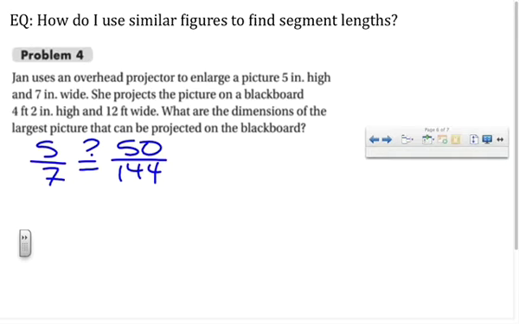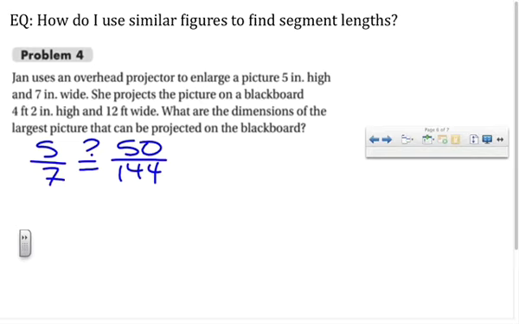Okay? So what's going to end up happening, and you have to kind of use your imagination to realize how this would happen in the real world. I could either take the picture and enlarge it so that the length of the picture fits perfectly on the length of the blackboard, or I can enlarge the picture so that the height of the picture enlarges to perfectly fit the height of the blackboard.